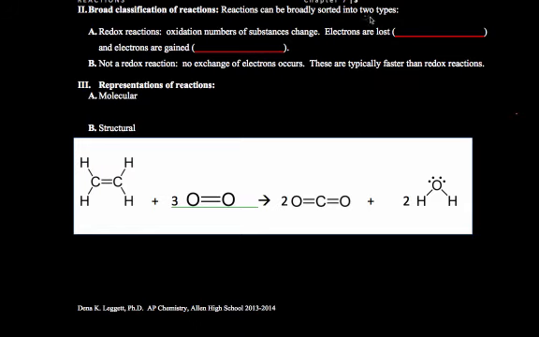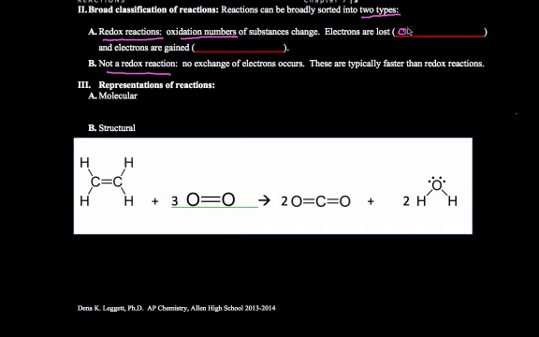There's two very broad categories. One category is a redox reaction, and the other is not a redox reaction. So a redox means reduction and oxidation. In this case, the oxidation numbers, we covered that earlier, they change. Electrons are lost.